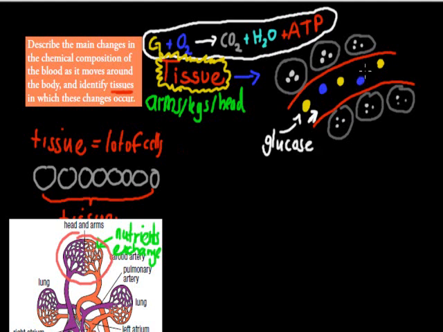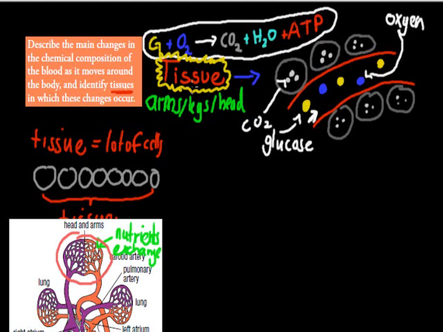The blue I usually take for oxygen. And inside the cell, when cellular respiration happens, CO2 is produced as a byproduct. Remember this equation, cellular respiration: glucose plus oxygen goes into carbon dioxide plus water plus ATP.